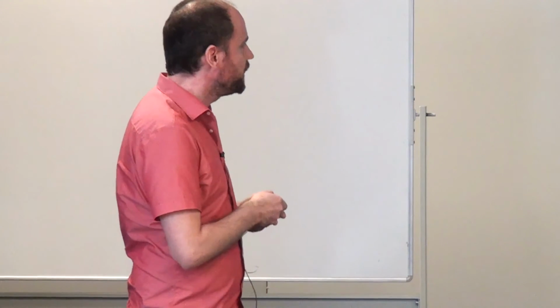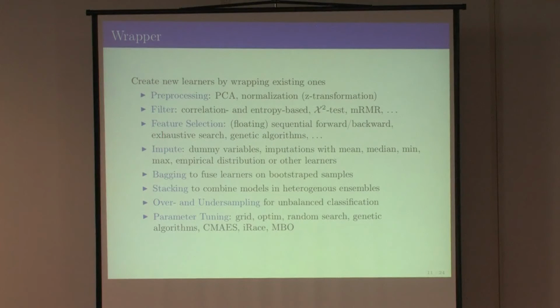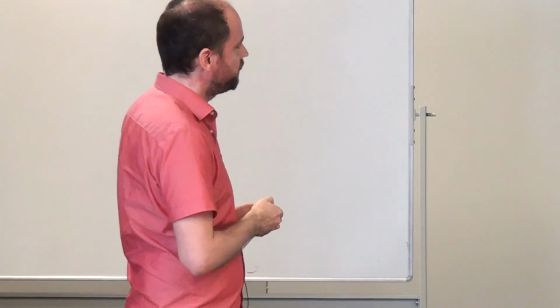It's nice, but this thing here really opens up another level of scaling and it gives you another order of magnitude to do interesting stuff with the package. So what you can do is you can take a basic learning algorithm and you can wrap around certain meta algorithms or add functionality to it. So what you can, for example, do, you can say, well, I want to add a certain pre-processing method.